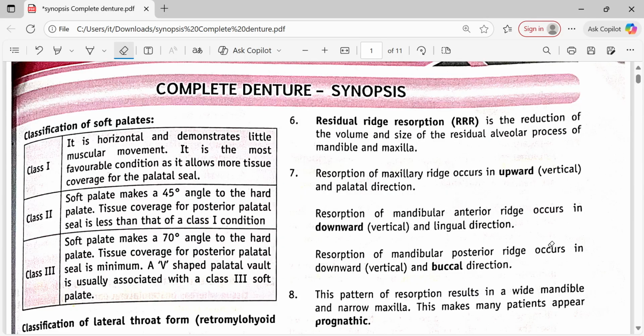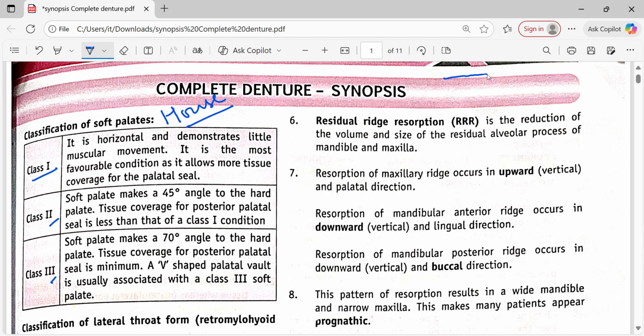Hello everyone. Today we're going to talk about complete denture synopsis from Dental Pulse, starting with the classification of soft palate. The first is the classification by Dr. House. This says that there are three classes of soft palate, and it depends on the angle made by the hard palate with the soft palate.